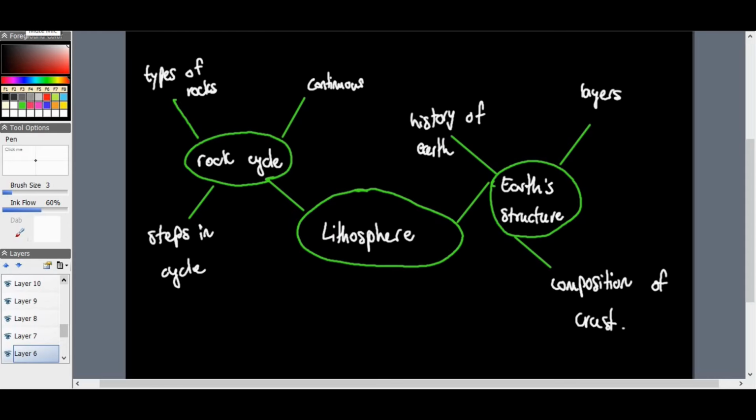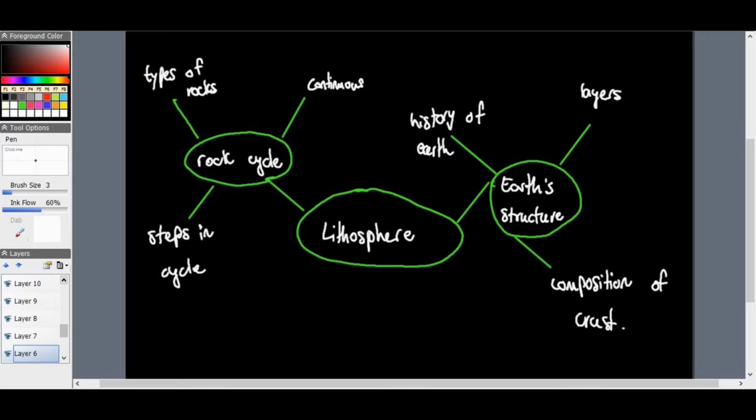Introducing the lithosphere. Now we're going to break the lithosphere up into two subtopics, called Earth structure as well as rock cycle. So for Earth structure, we're going to have a look at the history of the Earth, layers of the lithosphere, as well as composition of the crust of the Earth. So there may be quite a few drawings that we're going to have to go through.